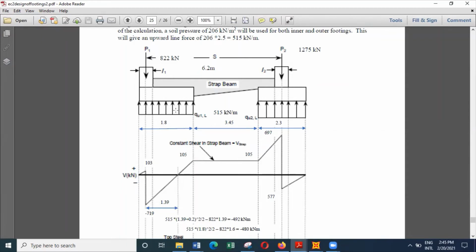we know this line load is 515 kilonewtons per meter. So what we can do is, if we divide 719 by 515, we can find this length. We can find this length.